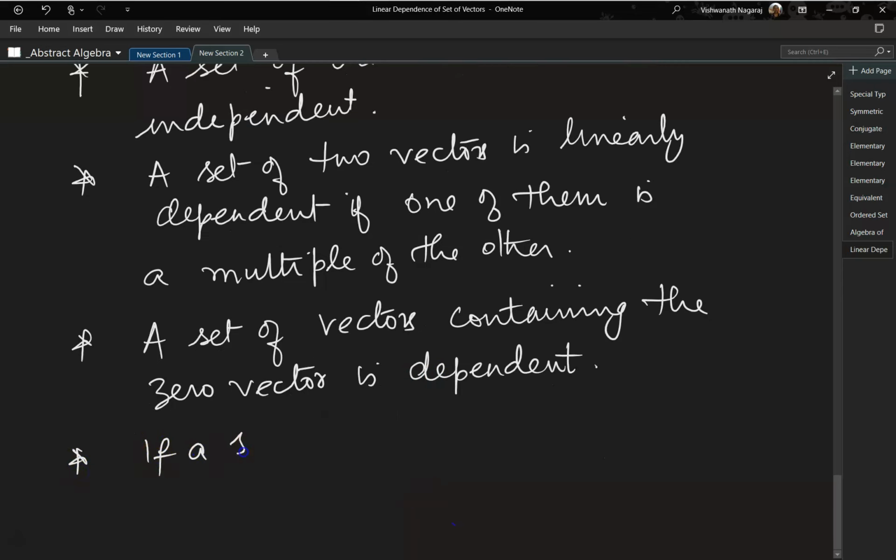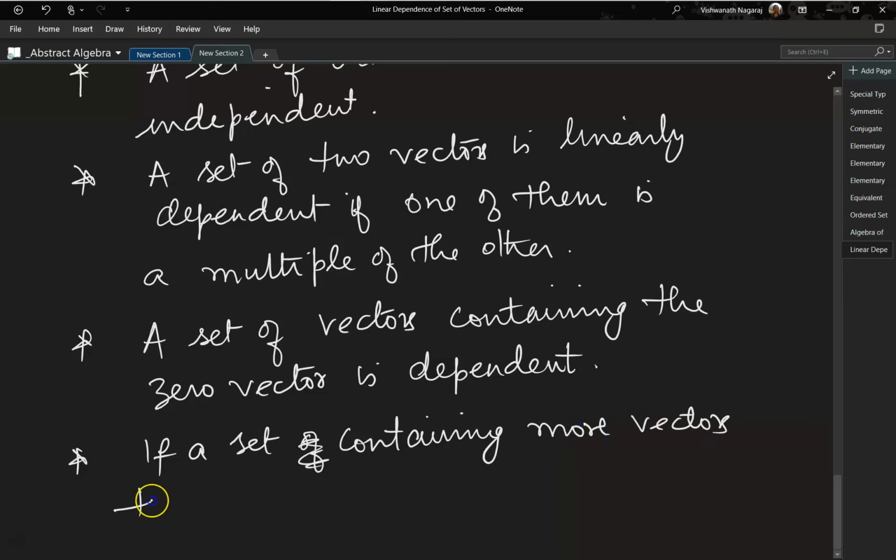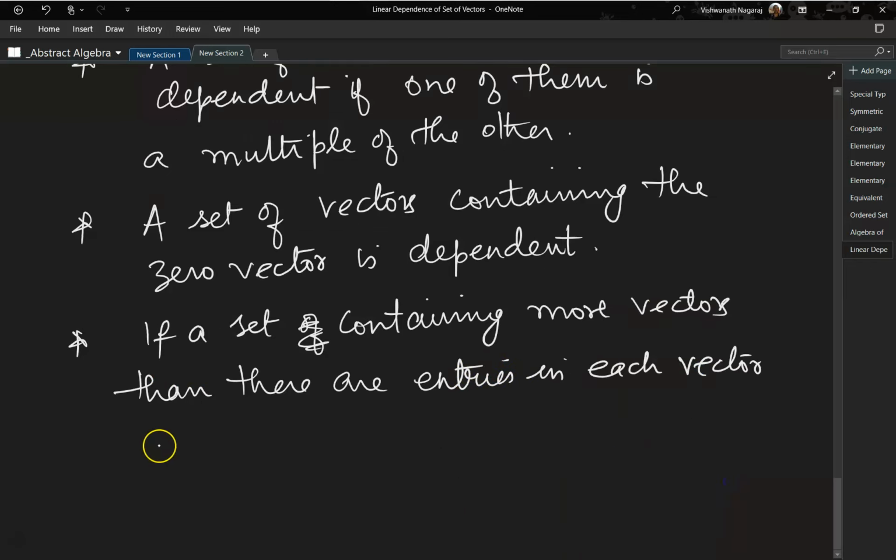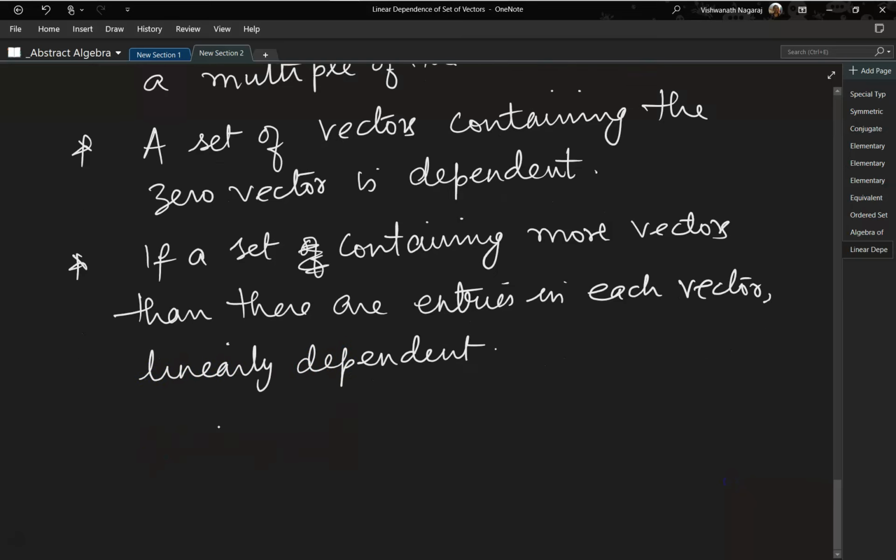If a set contains more vectors than there are entries in each vector, then we say the vectors are linearly dependent. What does this mean? It means if you have A is equal to vector 1, vector 2, vector 3, and so on up to vector P, and it is an n by P matrix.